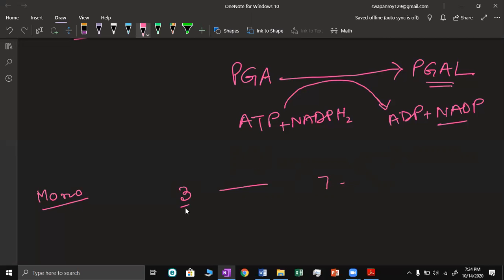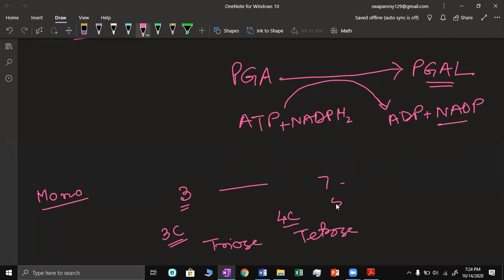The one which contains 3 carbon atoms is called triose. If there are 4 carbon atoms, it is called tetrose.